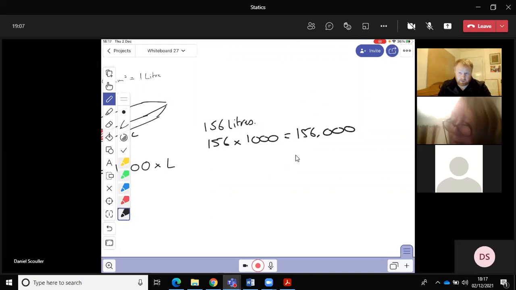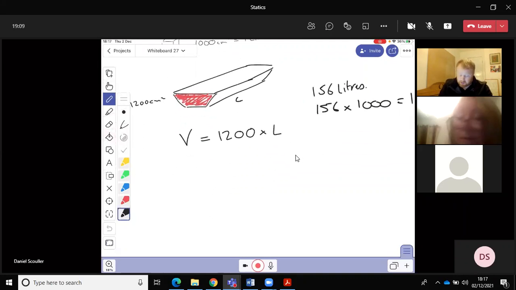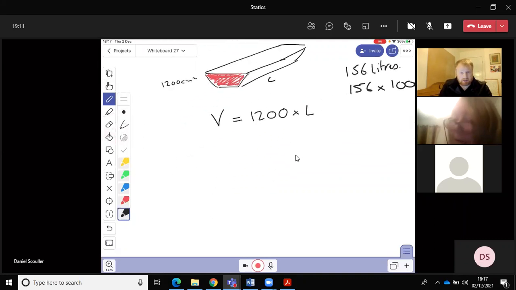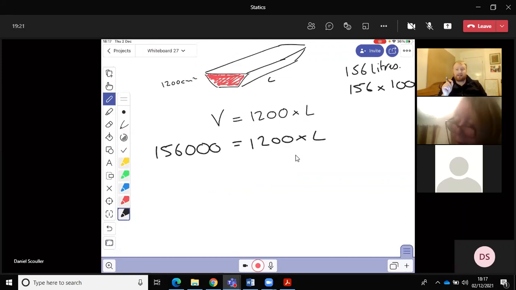It is quite a big number, but essentially that gets substituted in place of that V. So that would be our equation, and then it's a case of rearranging that to find L.